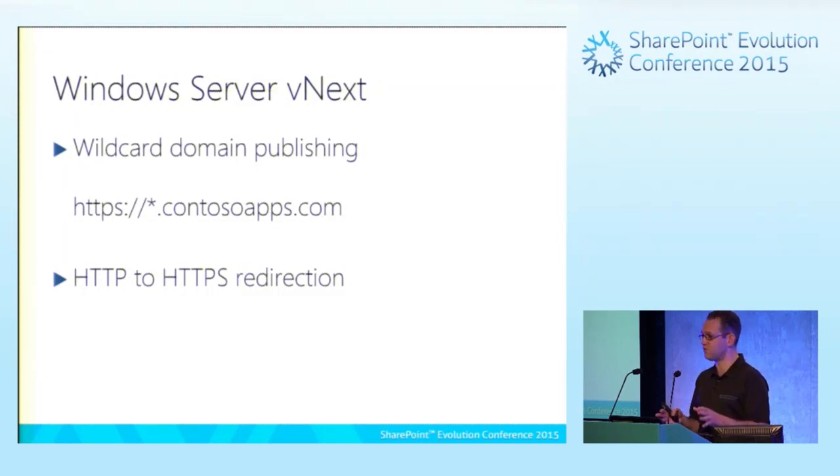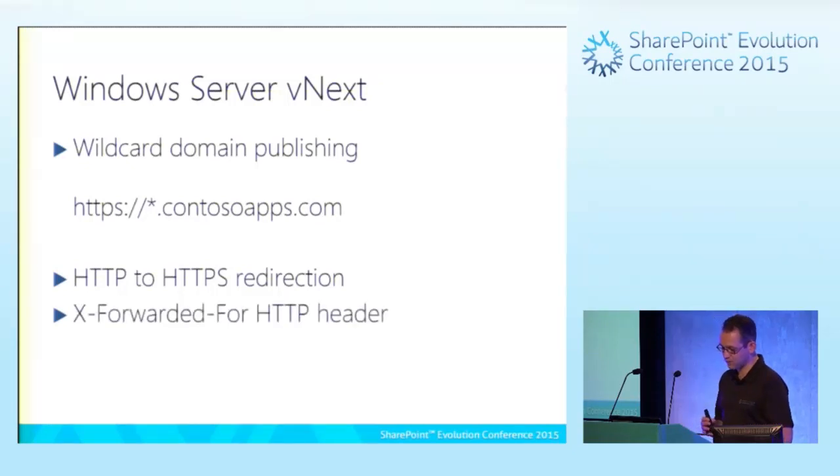So it's not rewriting, it's redirection. And also we will have support for the X-Forwarded-For HTTP header, and that's the header that specifies the original client address of the user. So you can look at your IIS logs and see the original client IP address that was used to connect to SharePoint. Nice to make some statistics and everything.